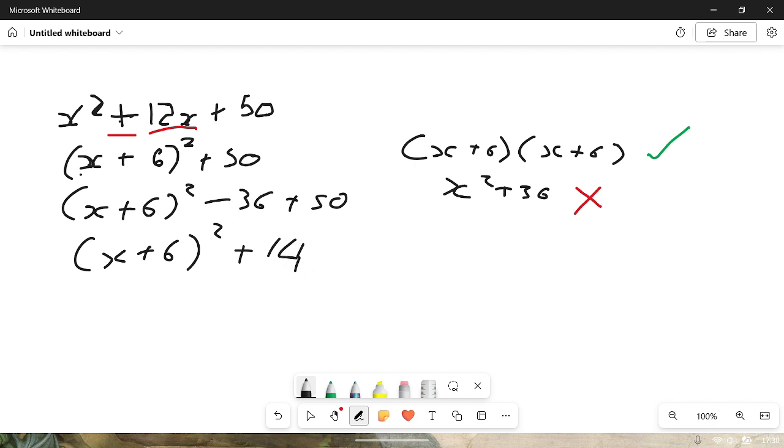And that is complete the square. In the question, it may not say complete the square. It may not say solve x squared plus 12x plus 50 in complete the square form. It will more likely say put x squared plus 12x plus 50 in the format x plus a squared plus b. That is your key, your trigger to going in and completing the square.